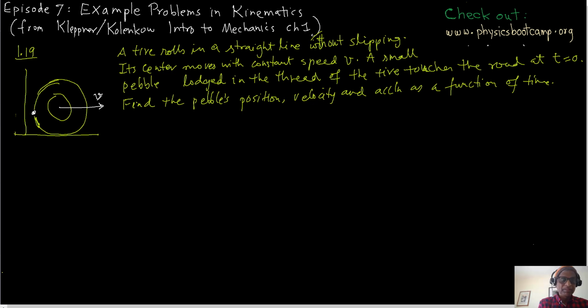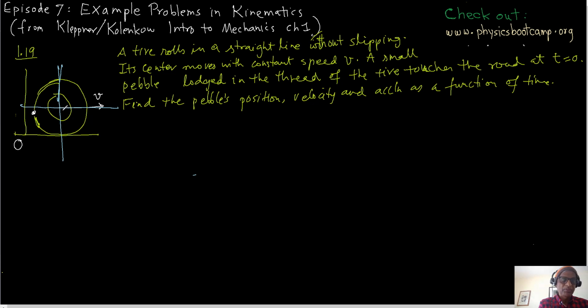So we have the tire moving with respect to this frame, the observer's frame, so we can just call this the observer's frame. And if you were in another frame, the center of the tire frame, you wouldn't be moving, but with respect to you this pebble would just be going around in a circle.